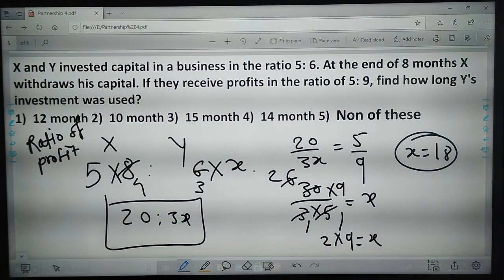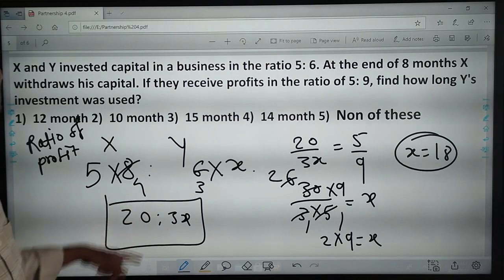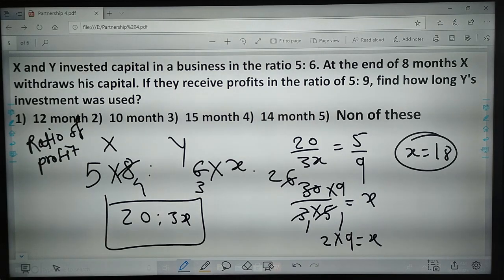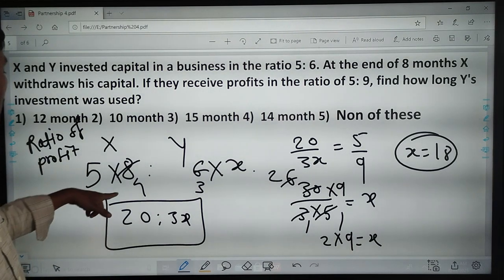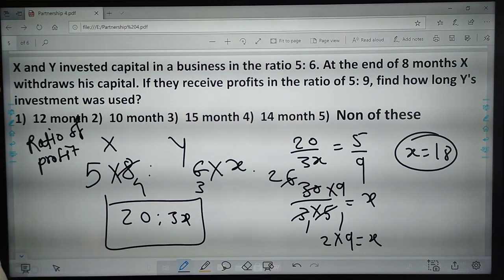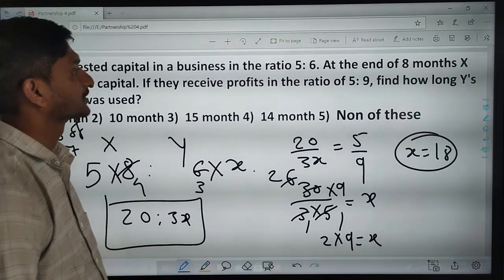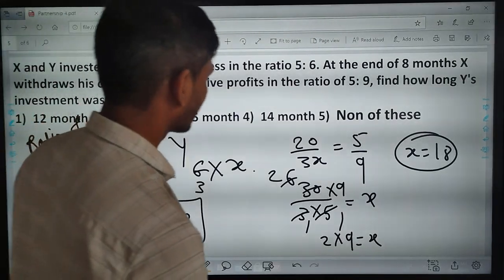Here the ratio is 5:6. At the end of 8 months, X withdrew his capital. X invested for 8 months. Then 20 upon 3x is 5:9.